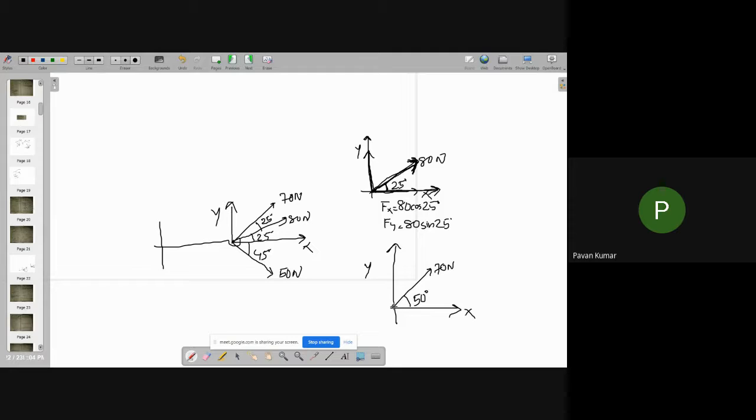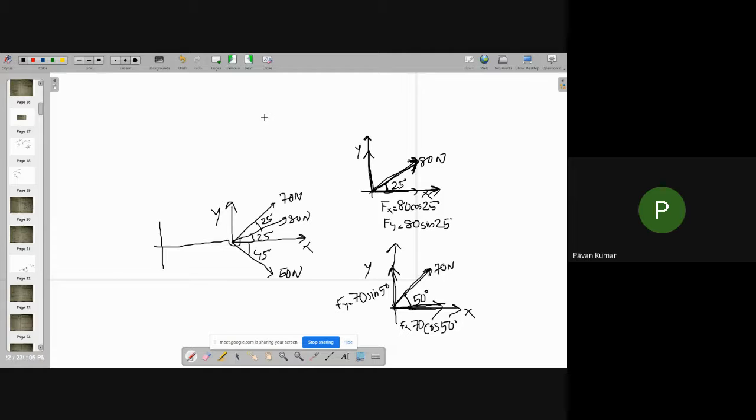Here also the force is going upwards, so its x component will be in this direction, and this y component will be in this direction. Here the angle is 50, so this component will be 70 cos 50, and this is 70 sin 50. So this is your fx and this is your fy in this case.